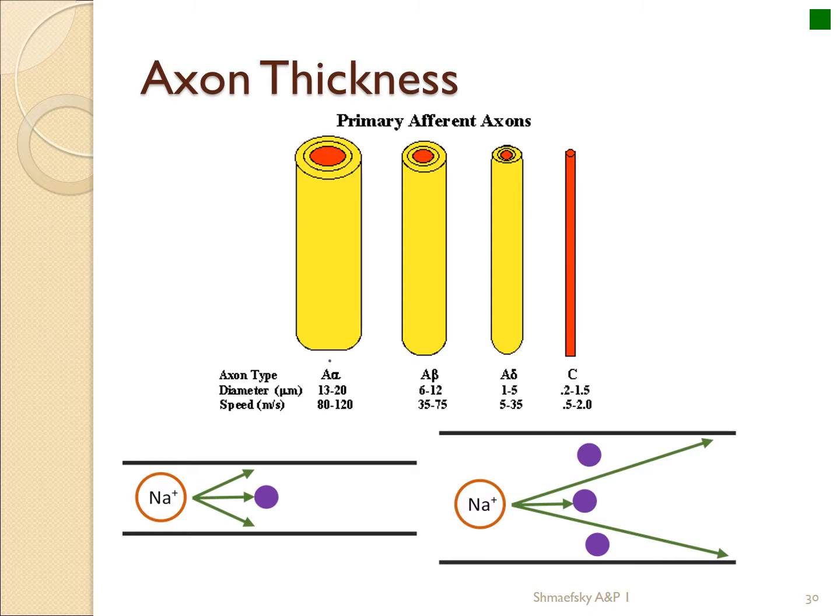We have three types of A and then a type C. Don't worry about the classification scheme of this, but we have A alpha, A beta, A gamma. It just has to do with a way of designating the thickness, because what we've learned is that the thicker the axon, the faster a neural impulse can pass through it.